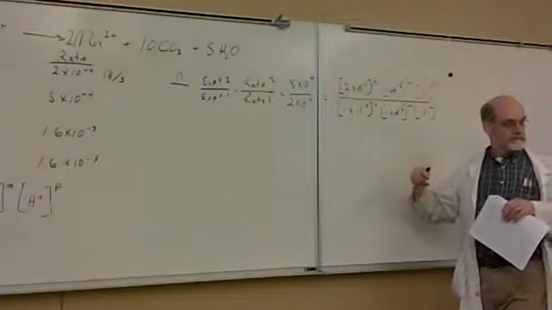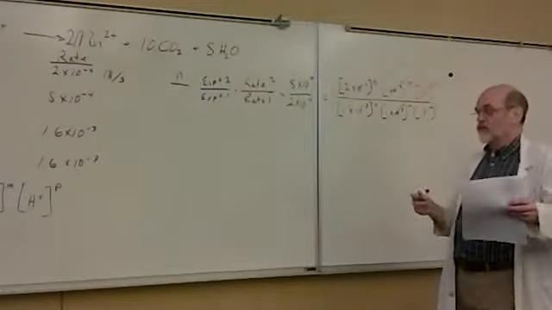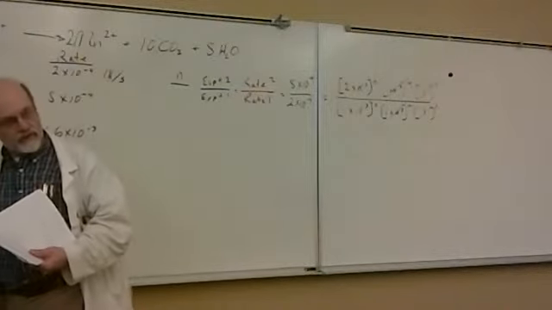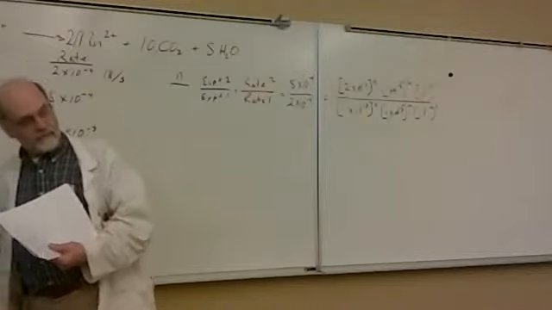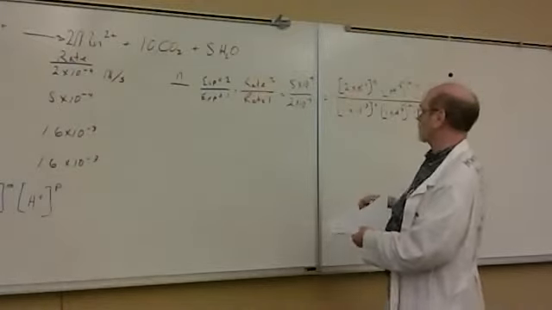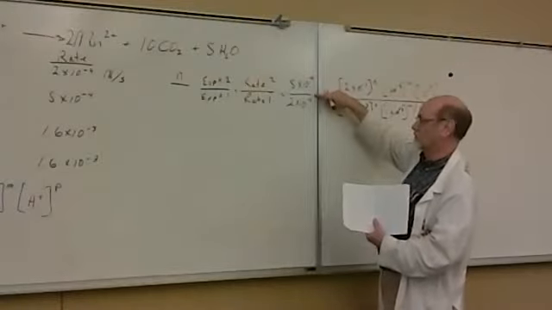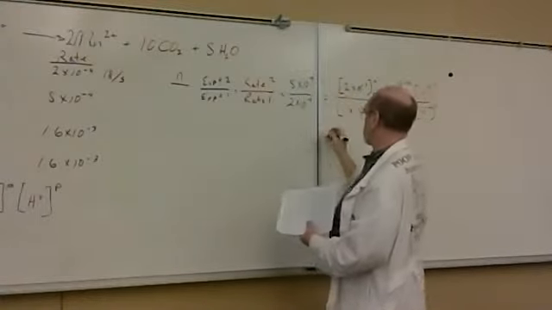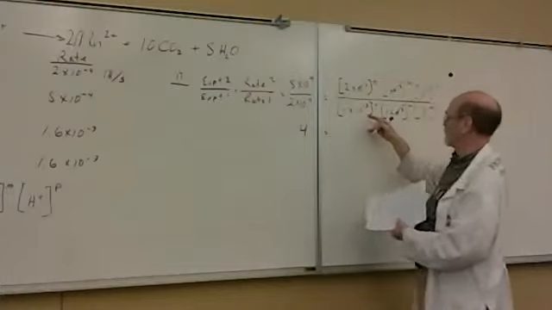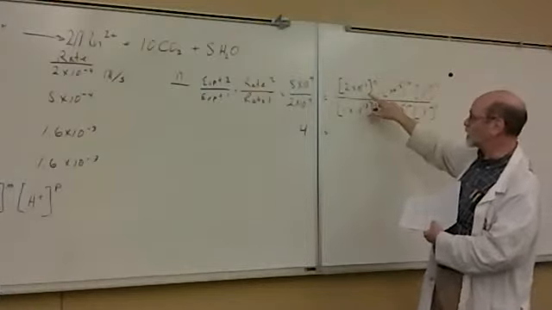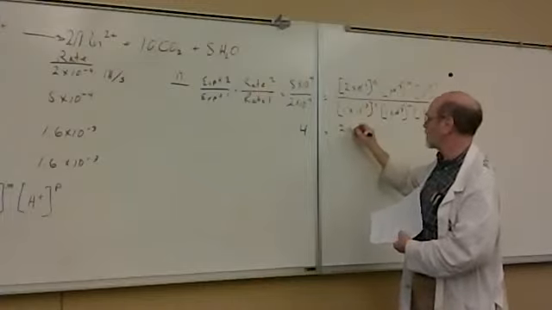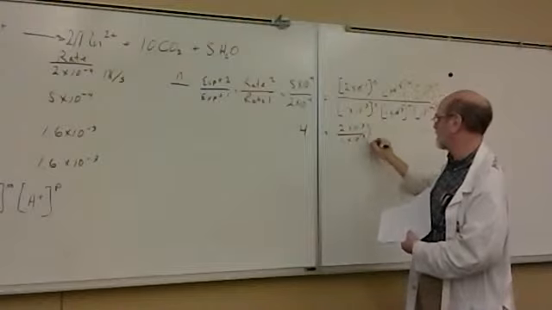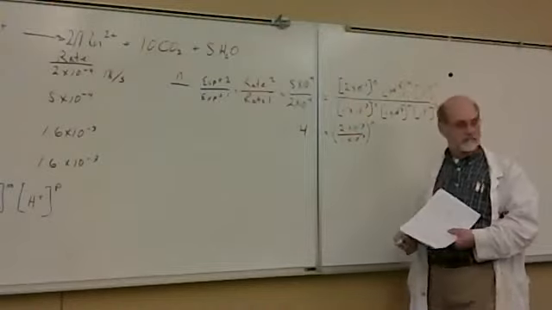Okay? Yeah, I mean, we're just ratioing. We're taking this expression and ratioing experiment 2 for that divided by experiment 1 for that. So now we get, what's this one? 4, right? Right, 2 into 8 is 4. What's this one? Well, we can reduce that expression to 2 times 10 to the minus 3 divided by 1 times 10 to the minus 3 to the n power, right?